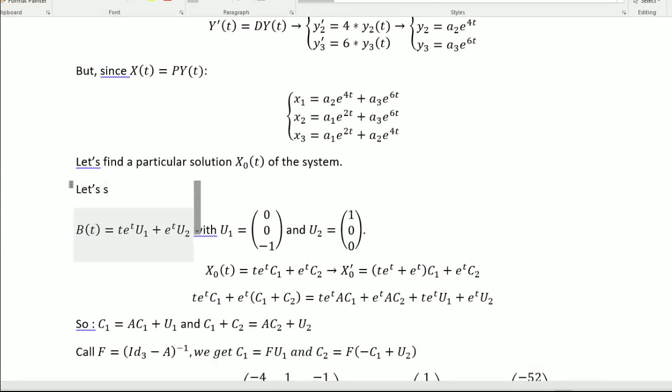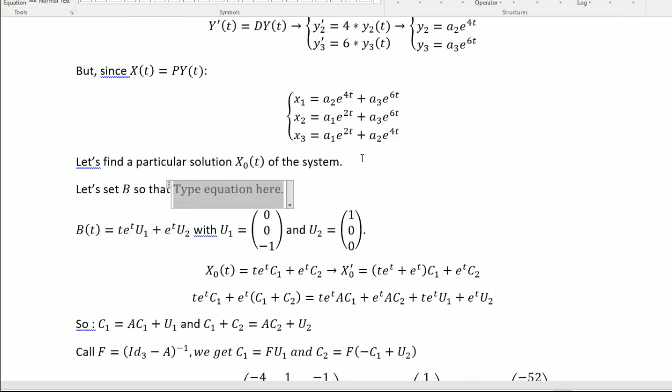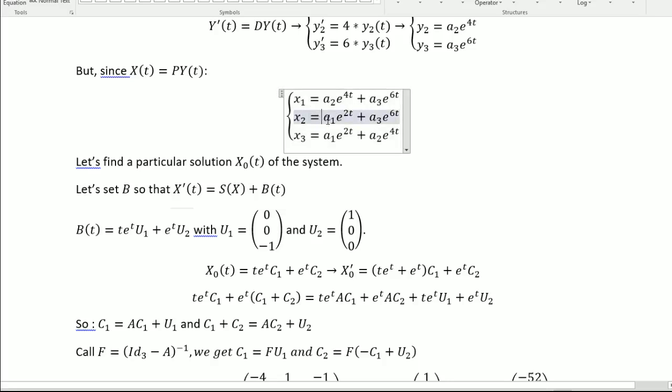Let's set b so that x prime is equal to, it's not actually Ax, but it's this system, so I'll call it S that depends on x, plus b. So we have our general solution that is actually the system here that we solved. So we have on the first coordinate a2 x and so on, plus b of t.